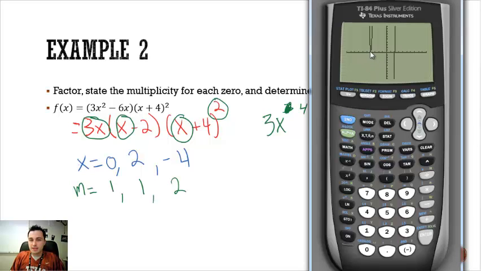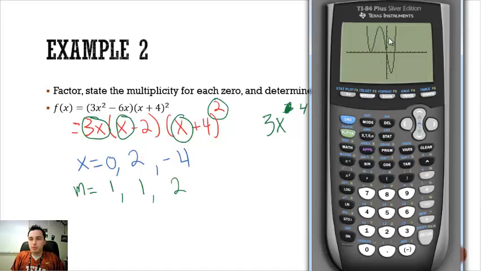I'm going to adjust the window because we actually can't see something important here, and it would be very important to see. So I'm going to adjust the y values to -100 and positive 100, which changes the y scale a little bit. Alright, now I can see that a lot better.